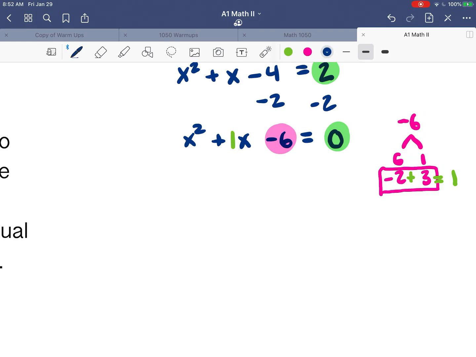Then we take those two numbers and put them in parentheses, x with x's. So we have x minus 2 and x plus 3 as our two factors, is what we call them, for this quadratic. So we have just put it in factored form by factoring.